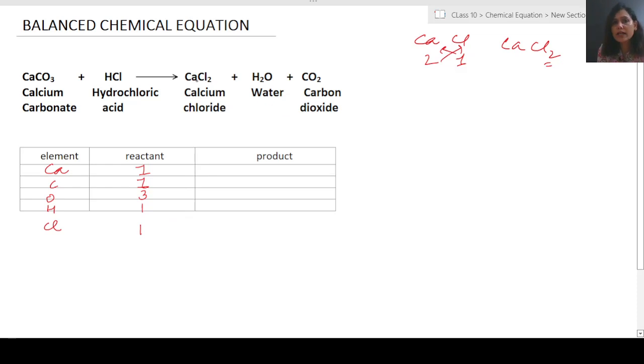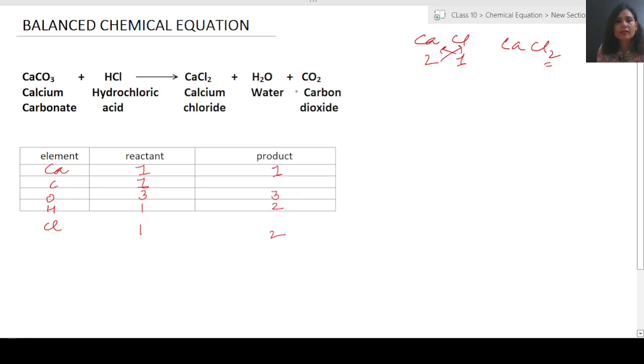In the product side, Ca is having 1. Cl2, it is 2. H is 2 here, so for H you are going to write 2. Then O is 1 here and 2 here, so 2 plus 1, 3.